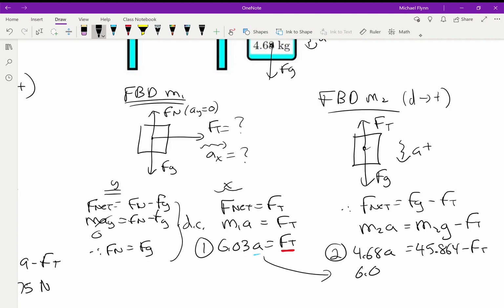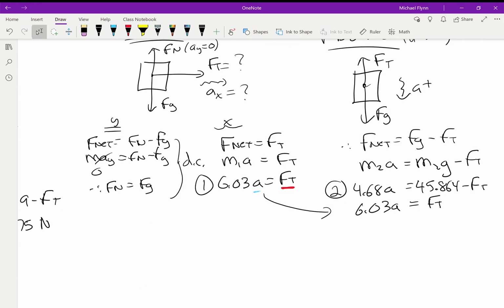Although it's easy to do a substitution, it's up to you. It really doesn't matter, as long as you don't make mathematical errors, which lots of people do.